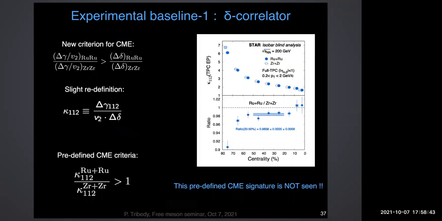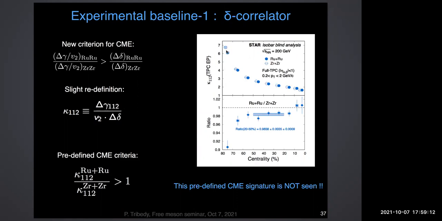So this is, again, I rewrite it, but we make it a little bit more compact. Let's get this delta on this side. This guy will go up. Define a compact quantity, delta gamma over V2 over delta, kappa. So you have just one number. And then this equation means that kappa ratio has to be greater than 1, and that was measured here.